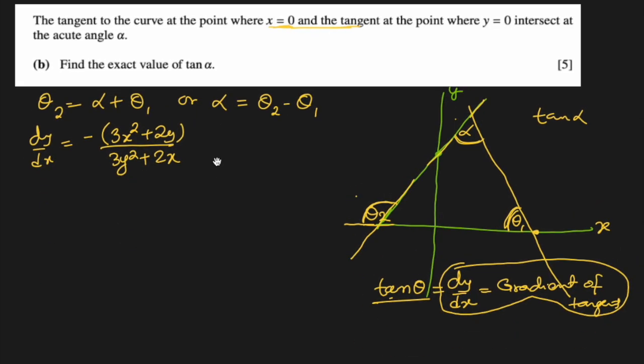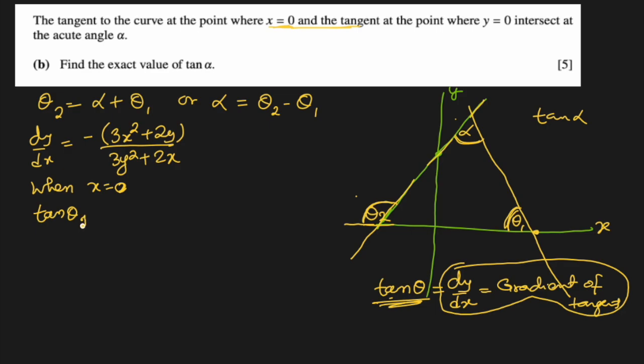So when x is 0, let's call it m, tan theta 1 for the time being. Yeah, tan, because dy over dx is tan theta, that's what I said here.